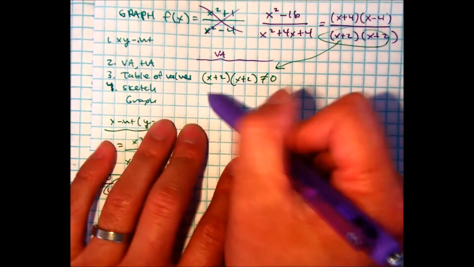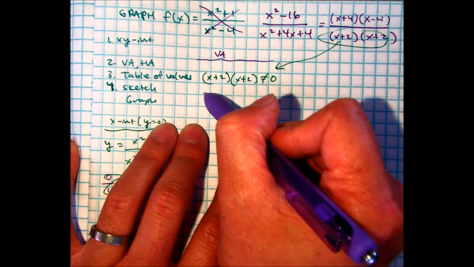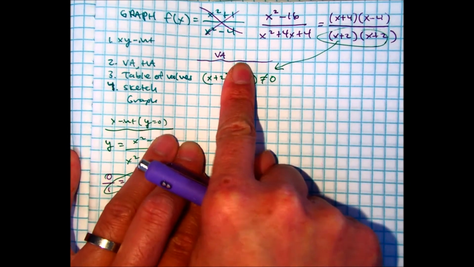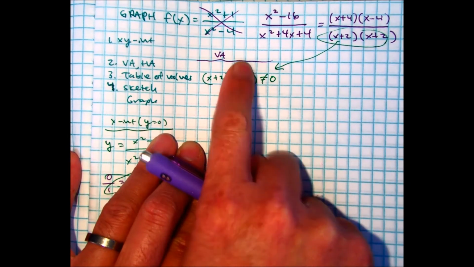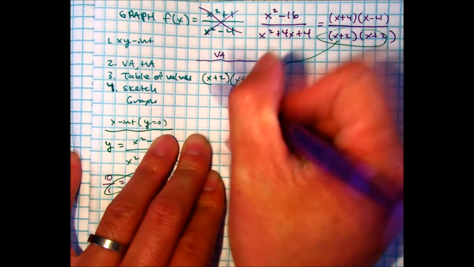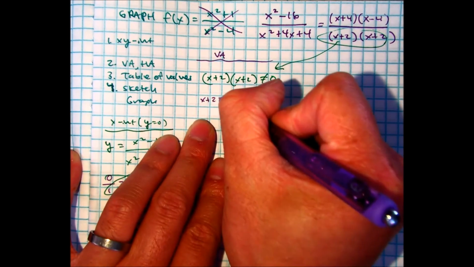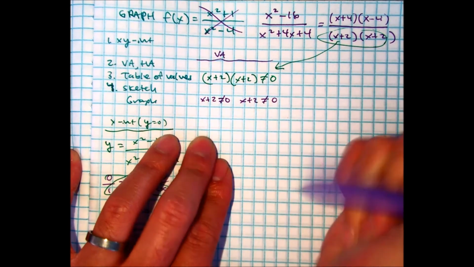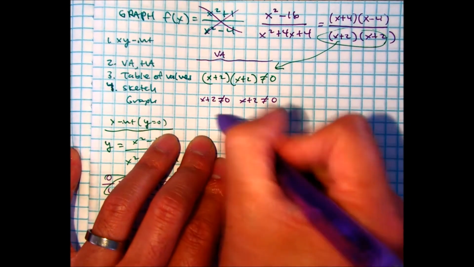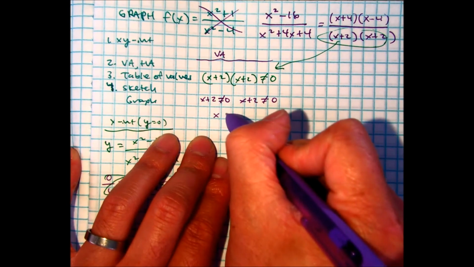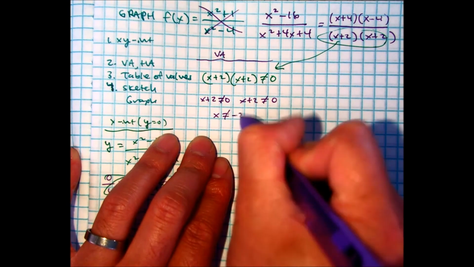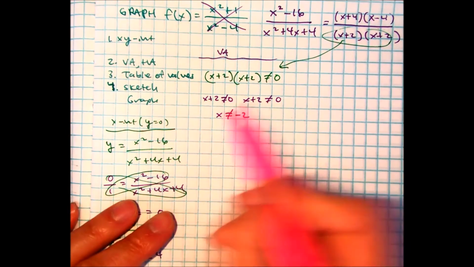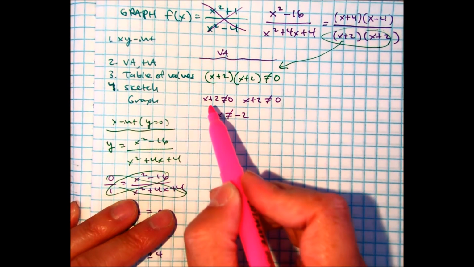Solve it. How do I do that? You're going to set each one of those not equal to 0. It's kind of weird to do the same problem twice. So really you just have x is not equal to what? Negative 2. Raise your hand if you got that. Good, good, good.